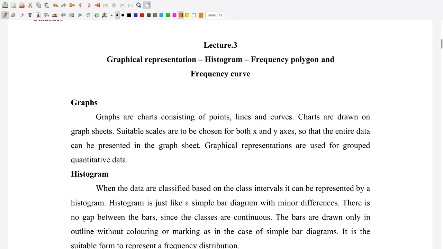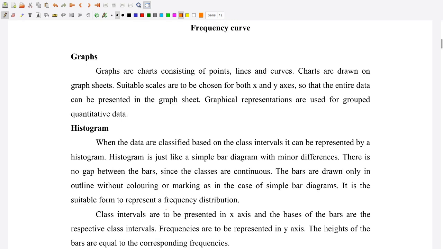And next we have histograms. What is a histogram? A histogram is used whenever we have continuous data, whenever we have class intervals to be represented. In a histogram we represent these class intervals on the x-axis as the bases of the bars, and the frequencies are represented on the y-axis.